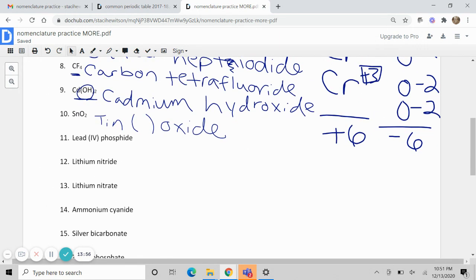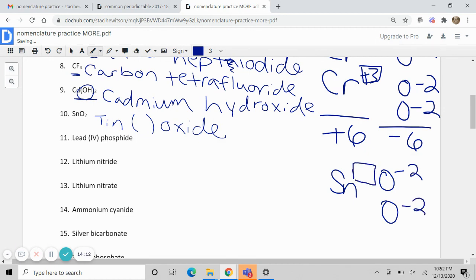We have 1 tin, we have 2 oxygens in this situation here. Each oxygen is -2, and you have 1 tin, and you've got to figure out its charge. Well, if oxygen is -2 and there's 2 of them, that's a total of -4, which makes tin +4. So it's tin 4 oxide.